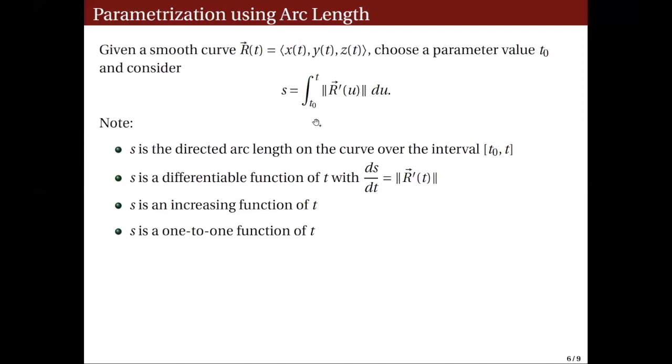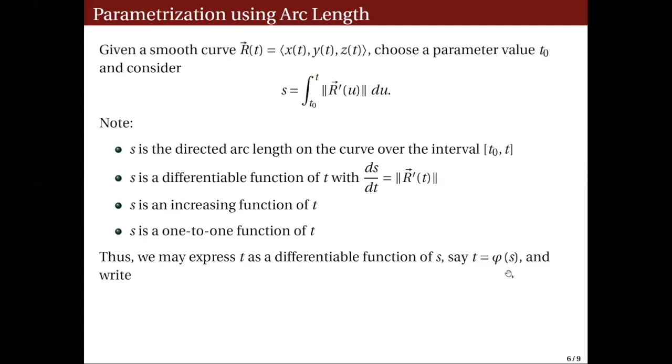Moreover, s is a one-to-one function of t. So we are writing s as a function of t, which is one-to-one, and therefore invertible. It has an inverse, which means that we can write t as a function of s. Let that function be phi of s.